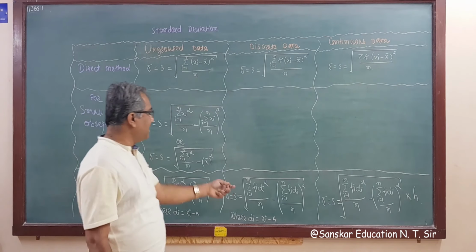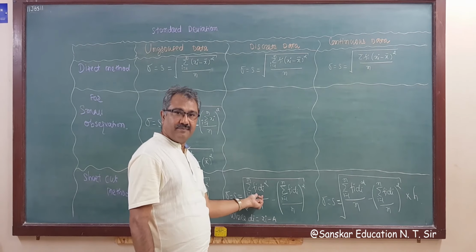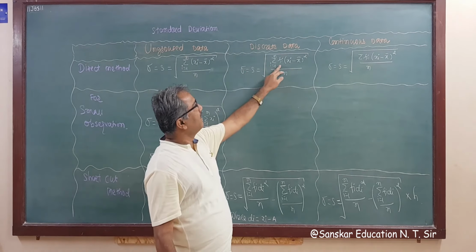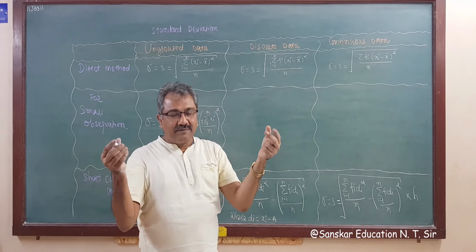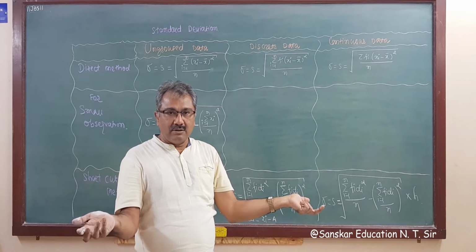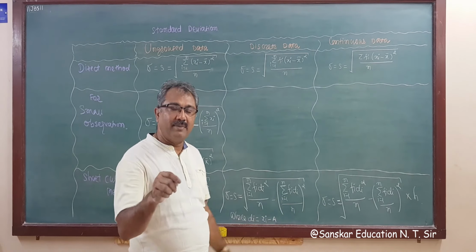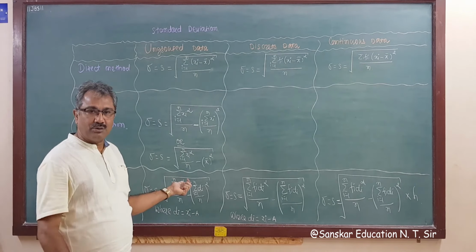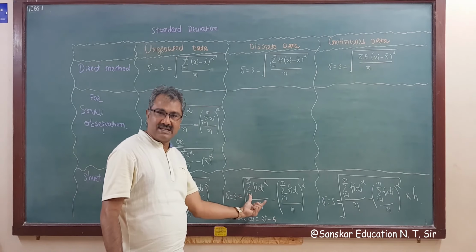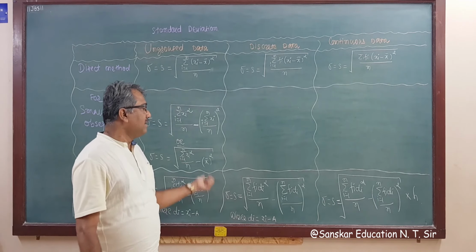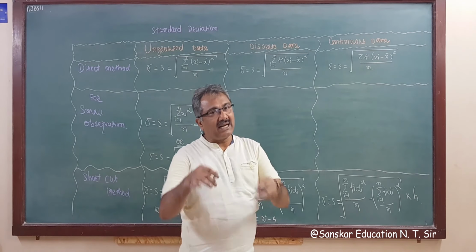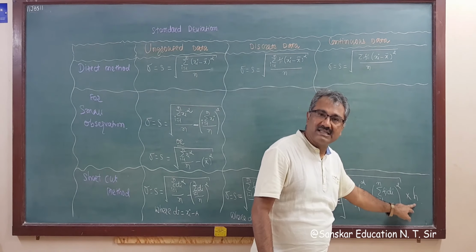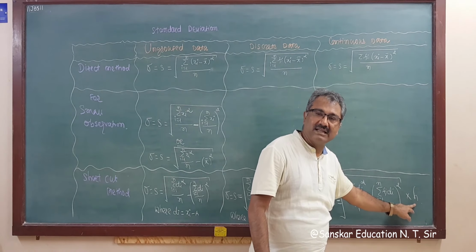Similarly for discrete data, you apply fi di, multiplying by the frequency, as we learned in mean deviation. For continuous data there are classes, so you multiply by the class length h.